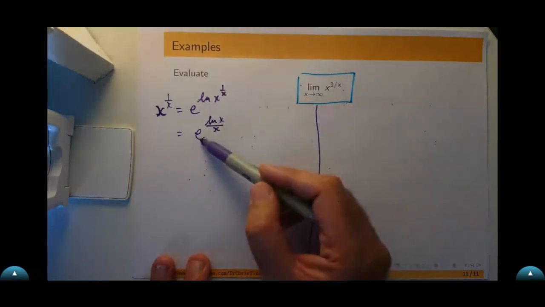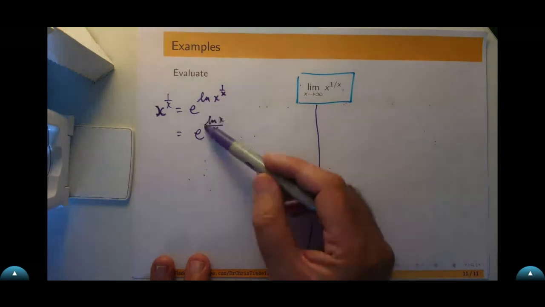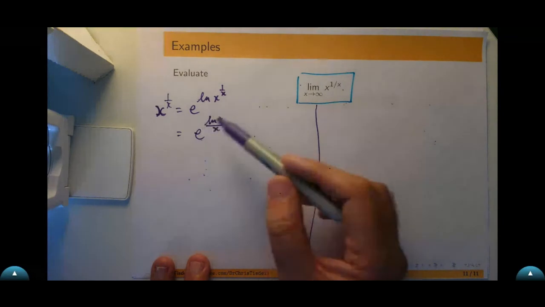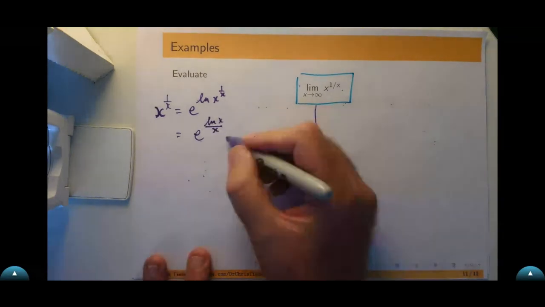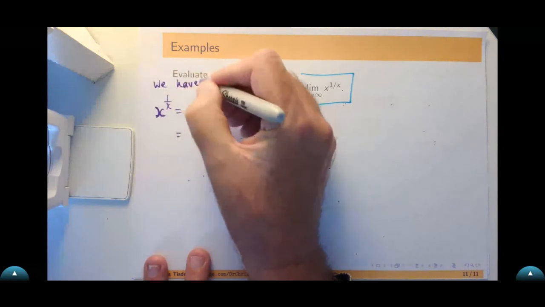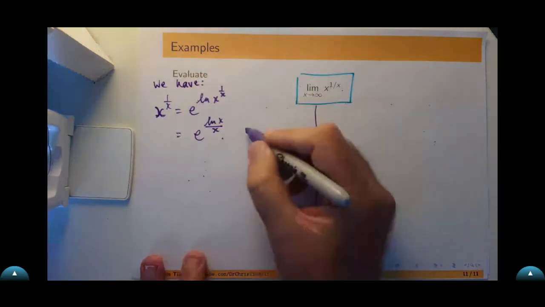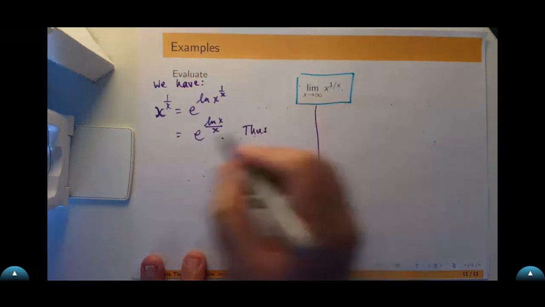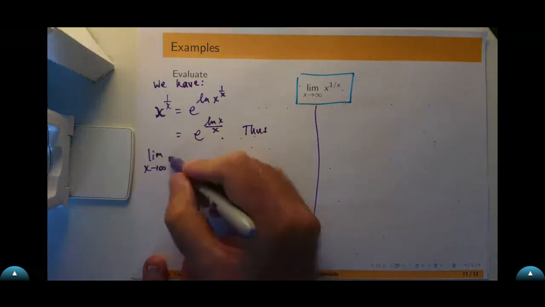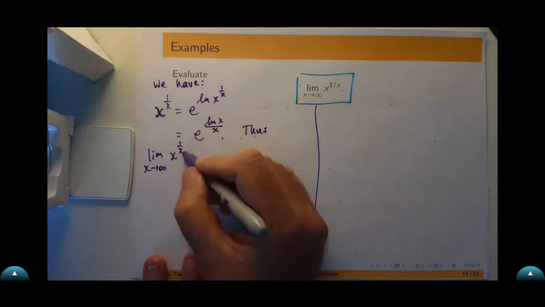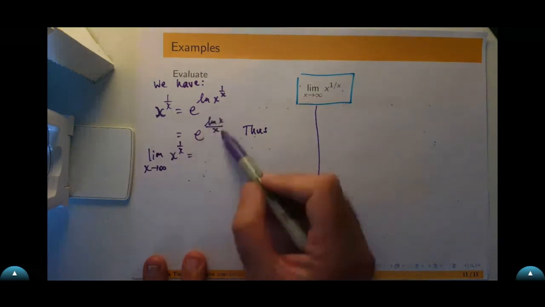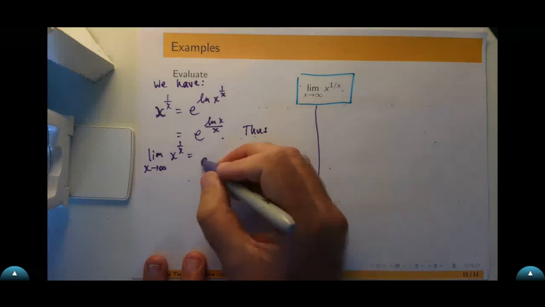And so now we've got a constant in the base, and it's just about what happens to this limit. Okay? So this is one way of doing it. Now the limit of that is constant, so you put the limit up there.